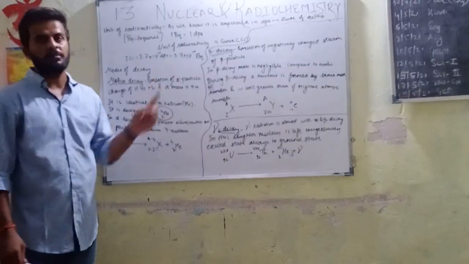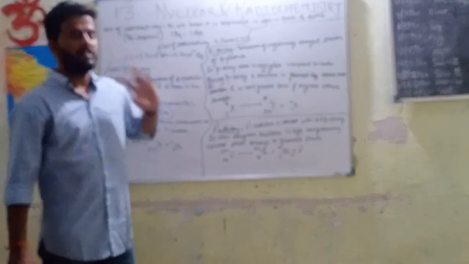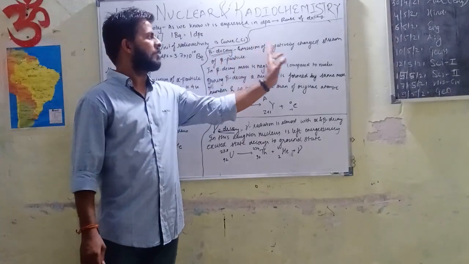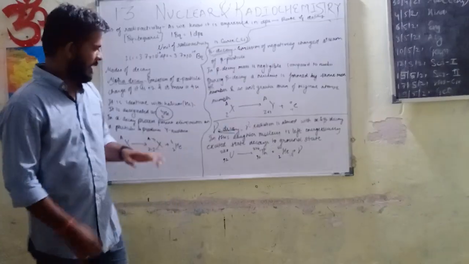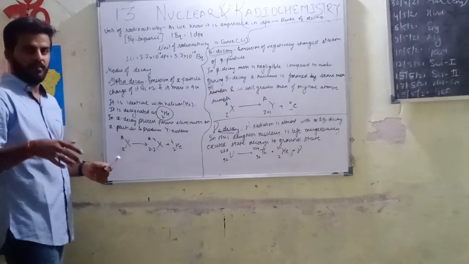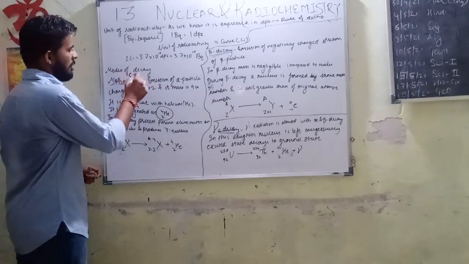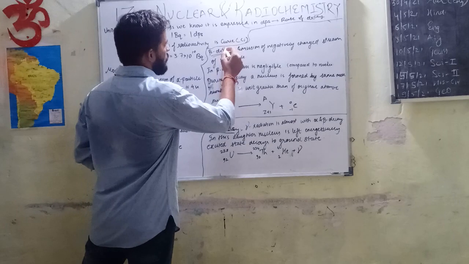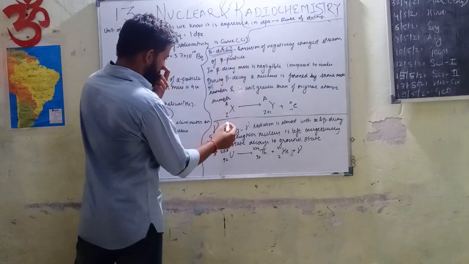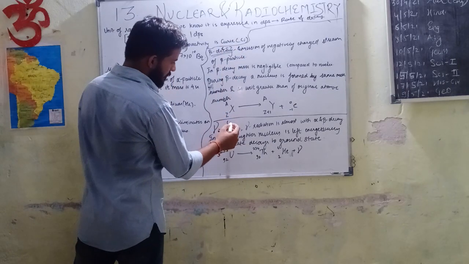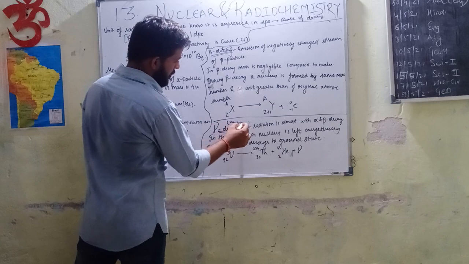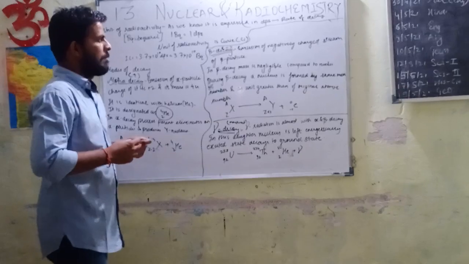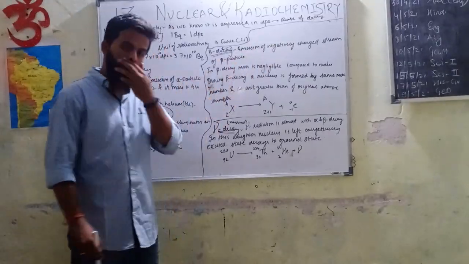The next process is beta decay. What is beta decay? It is the emission of a negatively charged stream. As we have seen earlier, alpha is positive, beta is negative, and gamma is neutral. It does not have any charge on it. Beta decay is the emission of a negatively charged stream of beta particles.